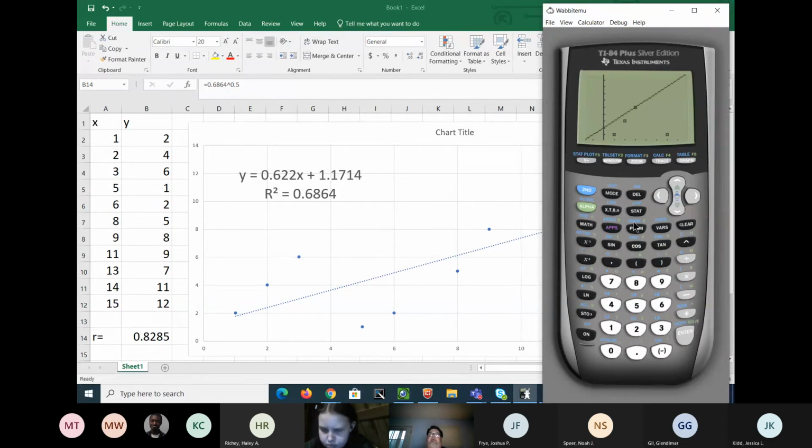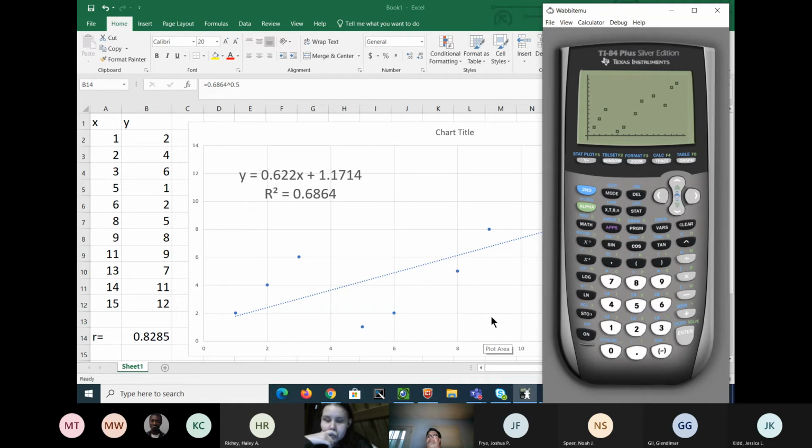Right now, I've got something in my y is equal, so hold on a second, I'm going to clear that and hit graph. Can't see all the points. So you hit zoom 9 for stat, and there's your points.